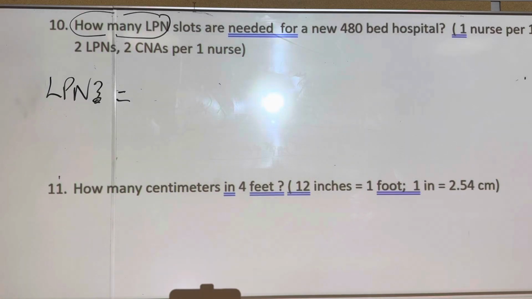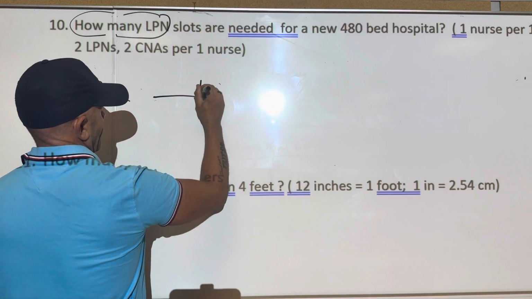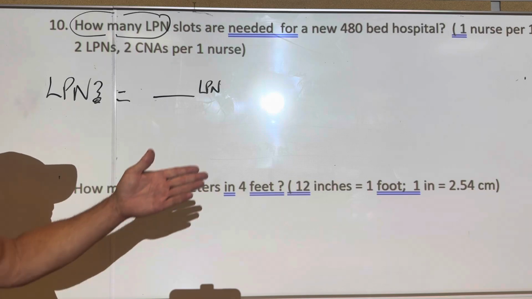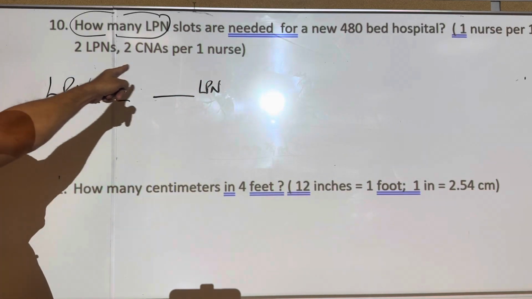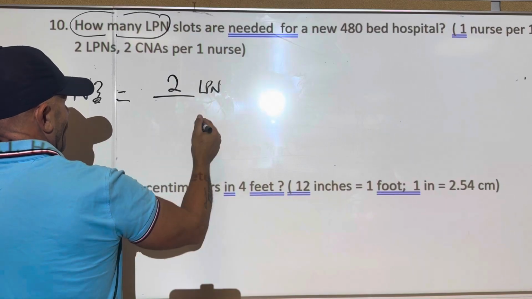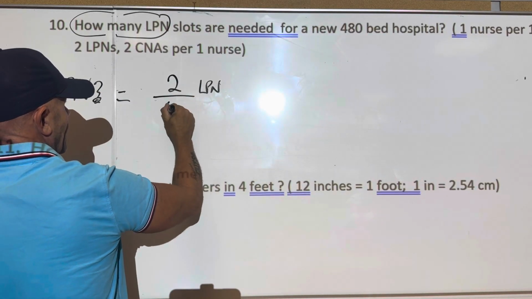So what are we going to put first? LPNs, right? Because that's what they gave us. They said there's 2 LPNs for 5 CNAs. So we put 2 LPNs. What's going to go here? Well, it's going to be 5 CNAs, because that's what they gave us.